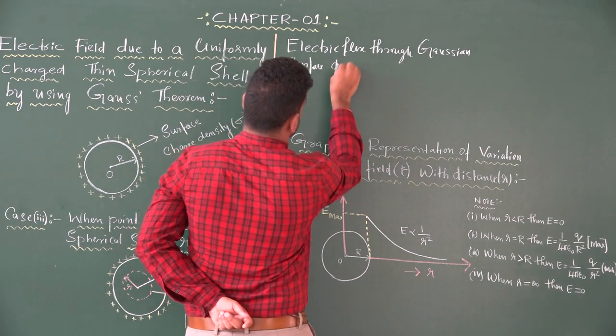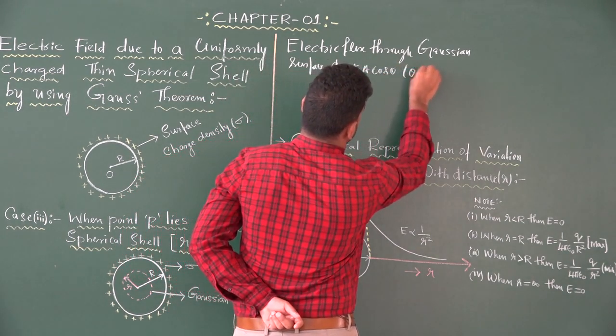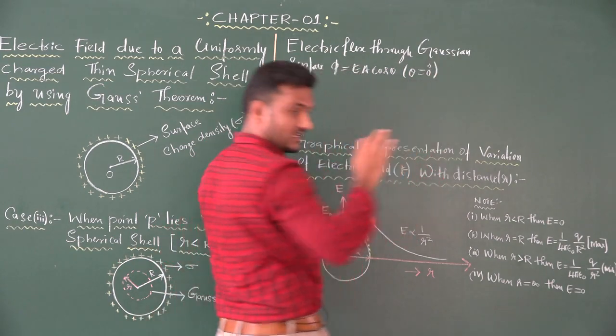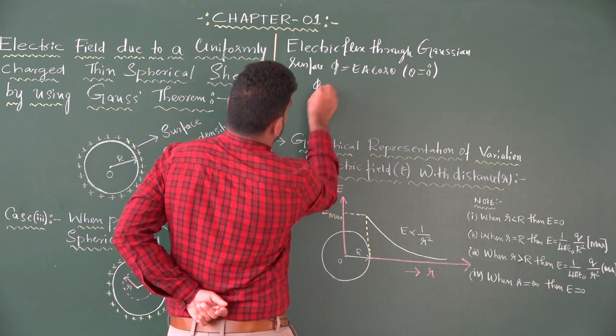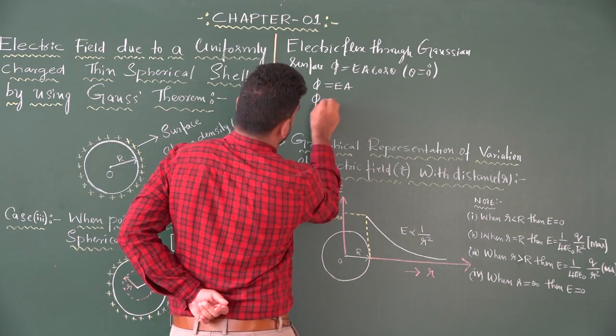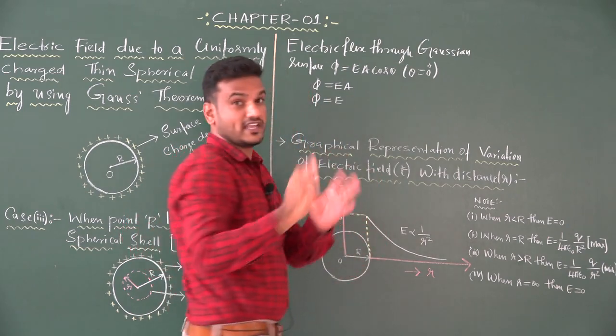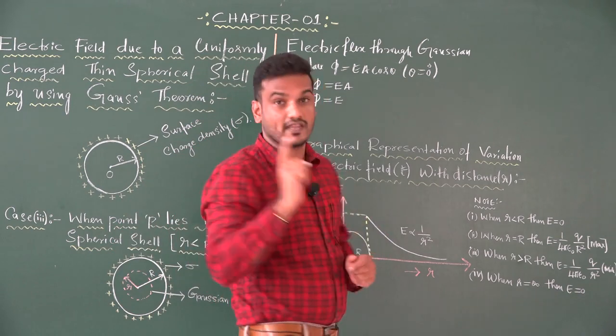Again the same equation, phi is equal to E A cos theta, theta is equal to 0 degree, the same as we followed in the first case and second case. The remaining: phi is equal to E into A. So phi is equal to E into the surface area of the Gaussian surface, because the point P is inside the spherical shell.